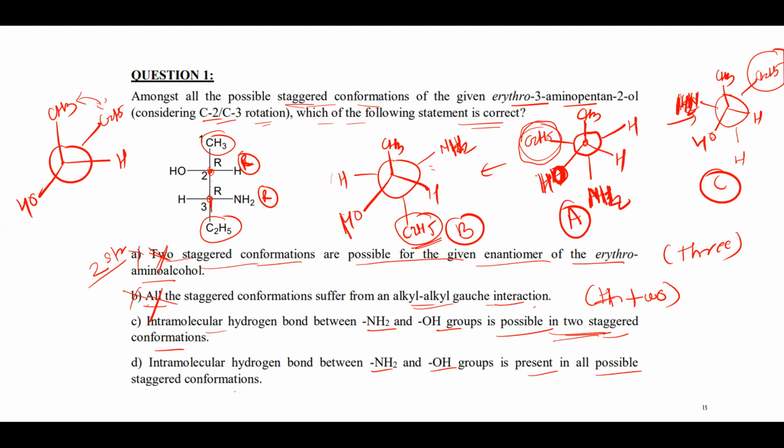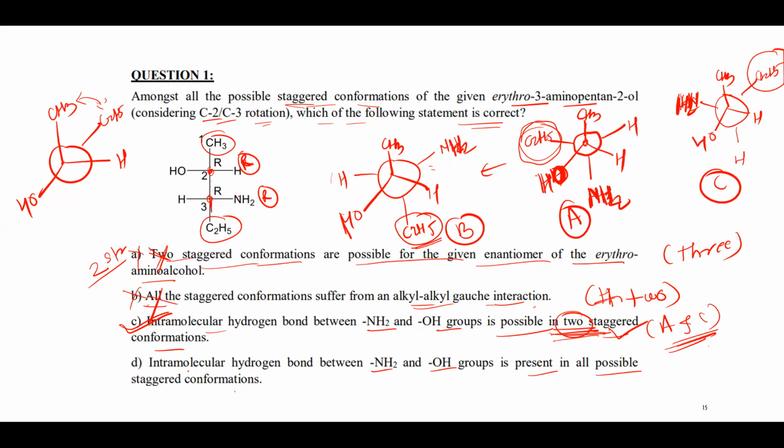So definitely there is also a possibility of intramolecular hydrogen bonding. So in structure A and structure C, there is a possibility of hydrogen bonding. So intramolecular hydrogen bonding between NH2 and OH group is possible in two structures. This is the correct one. So in structure A and in structure C, the intramolecular hydrogen bonding is possible. So this is one correct option.